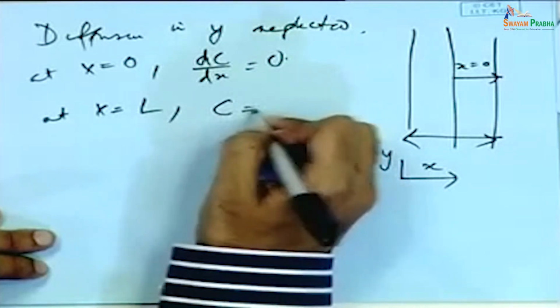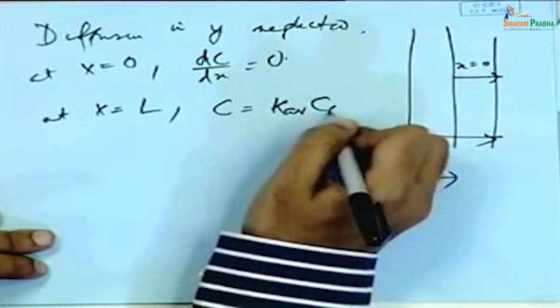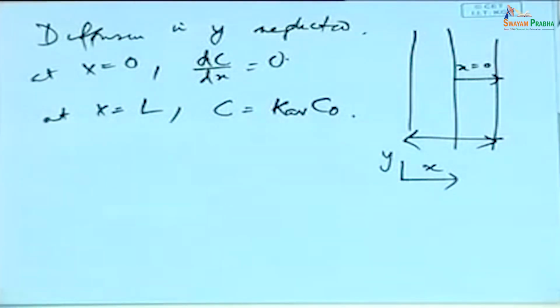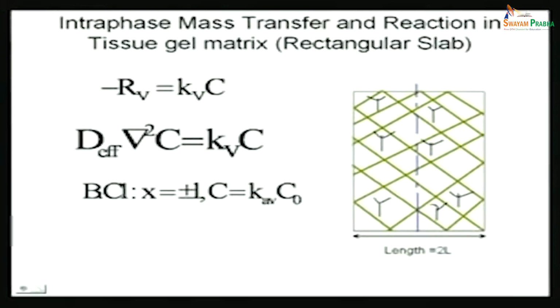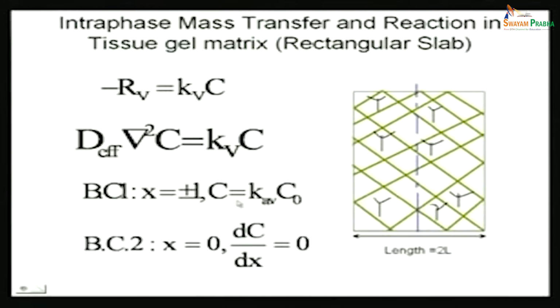Let's assume the simple one, continuity at this point. So at x equals plus or minus 1, where x is dimensionless, just by dividing by L, C equals KAV times C naught, and the other boundary condition at the center, x equals 0, is dC/dx equals 0.